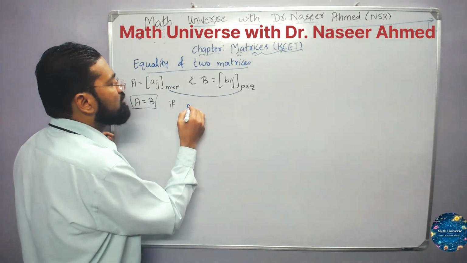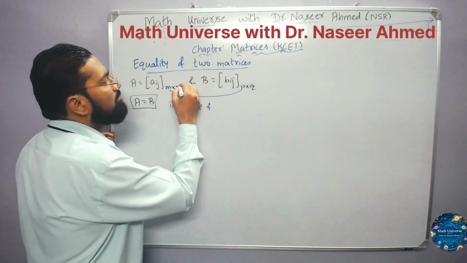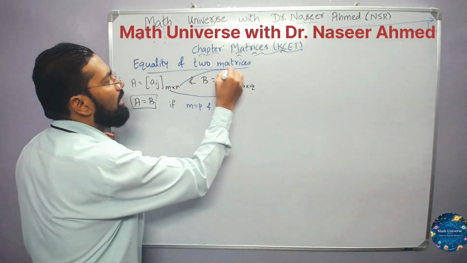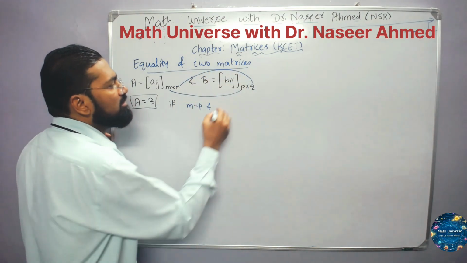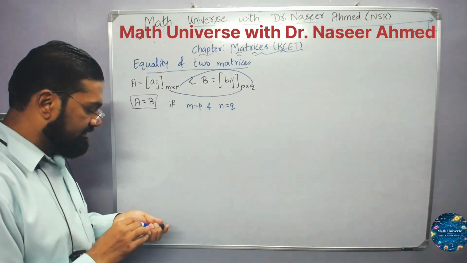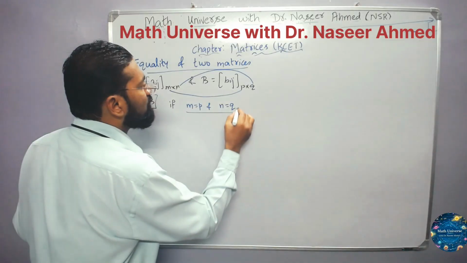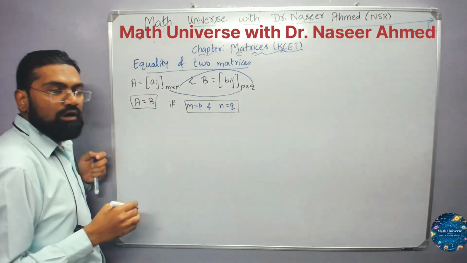Nothing but M should be equal to P. And here N is the number of columns, and here it is Q is number of columns. So N is equal to Q. So this will be the condition for two matrices to be equal, that row should be equal to row and column should be equal to column.